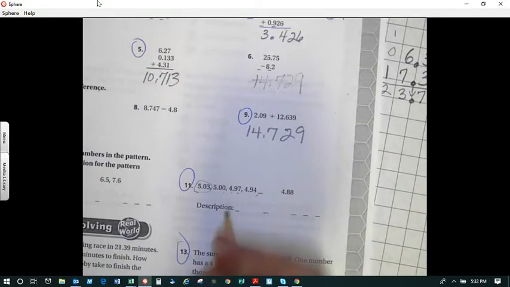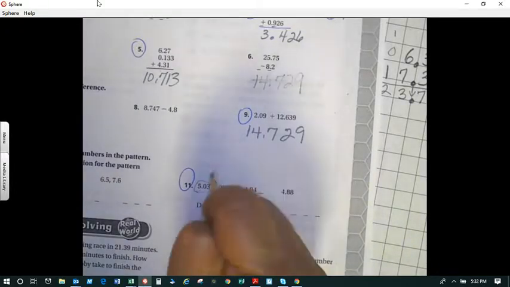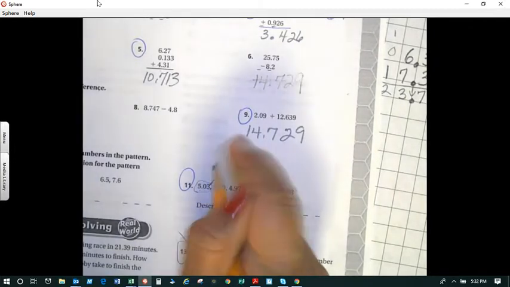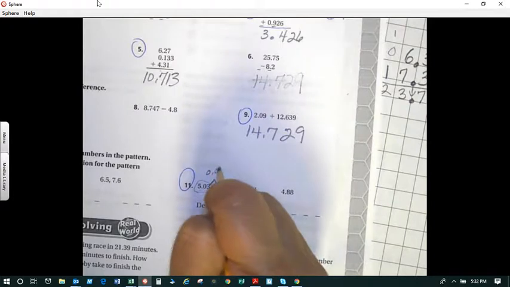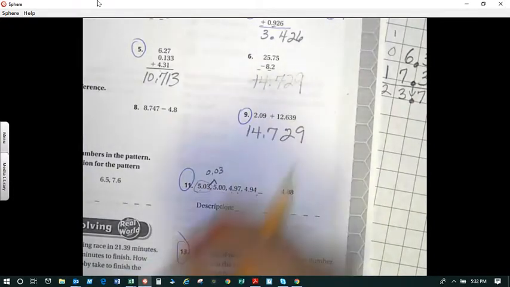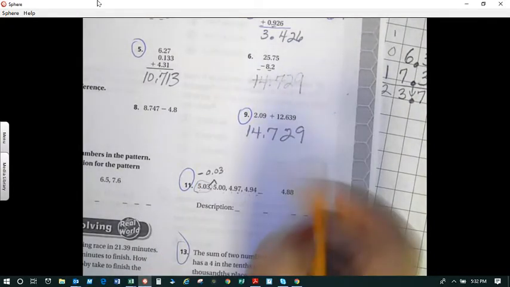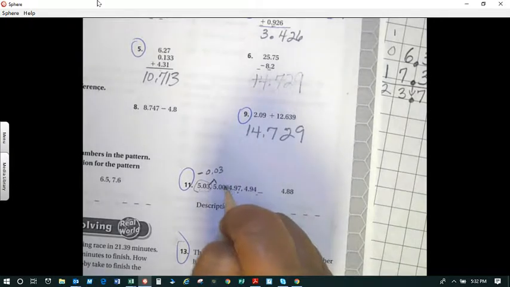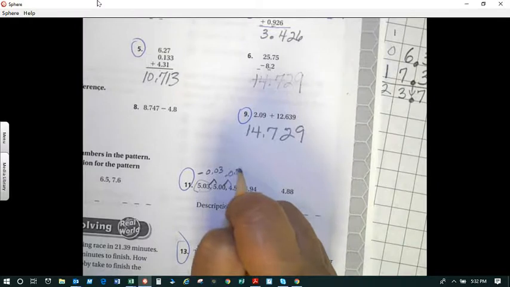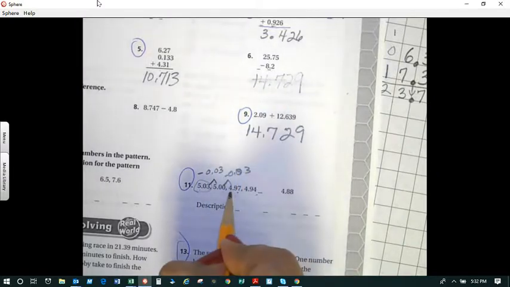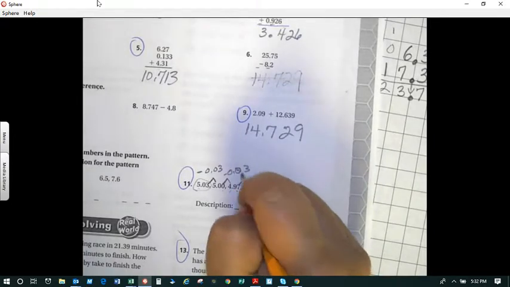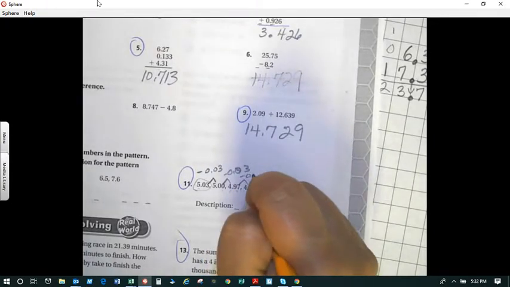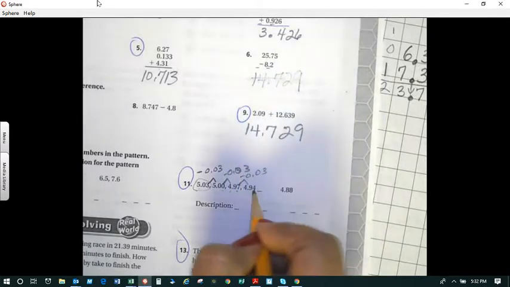So if I came through and I kept taking, but not just 3, 3 hundredths away, does that make sense? I'm subtracting. If I took 5 wholes and I subtracted 3 hundredths, does that give me 4 and 97 hundredths? Yep. If from here to here I subtract my 3 hundredths, does that give me 4 and 94?